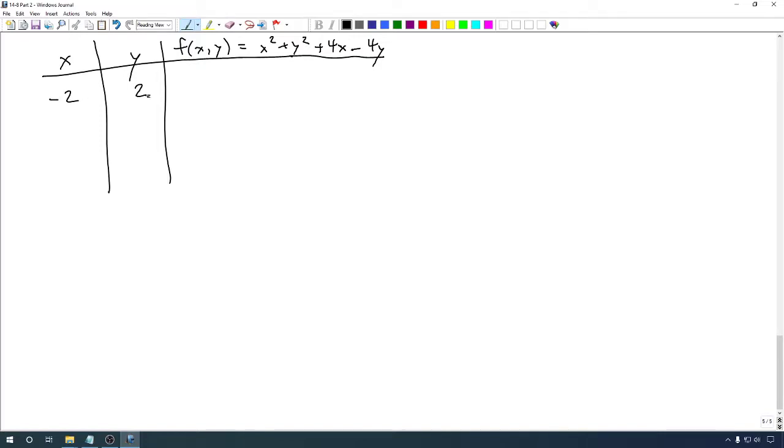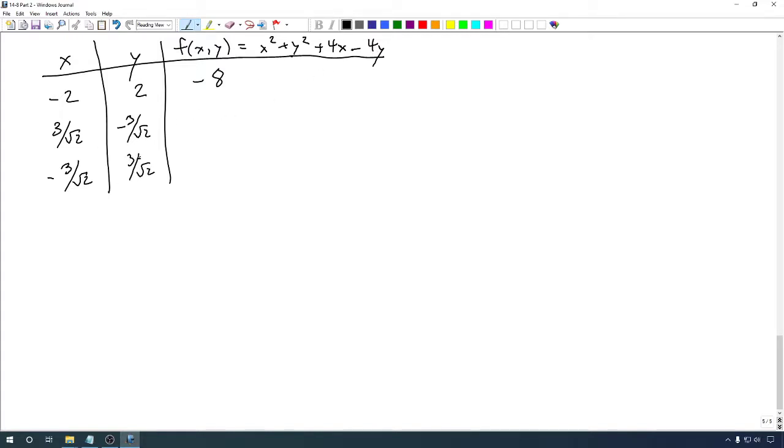You can use a calculator for this part if you want to, but just recall the 3 points that we've gotten so far. The first one is actually pretty easy. This is going to be a negative 8, because we get 4, 4, minus 8, and another minus 8.